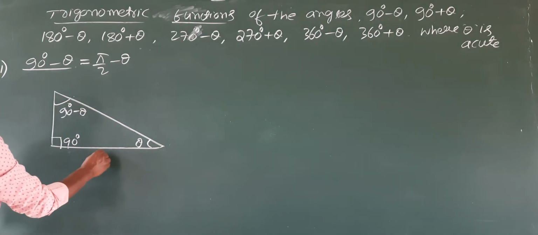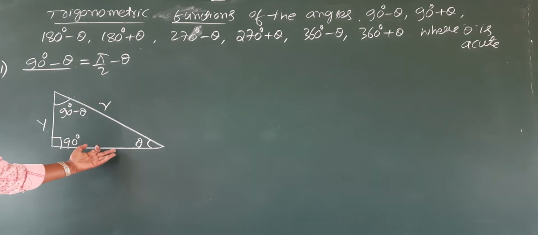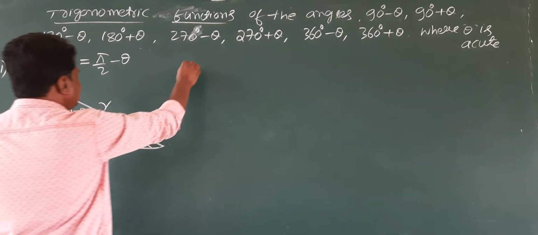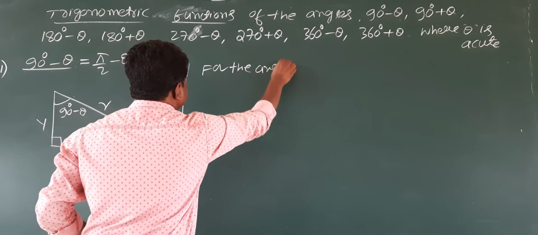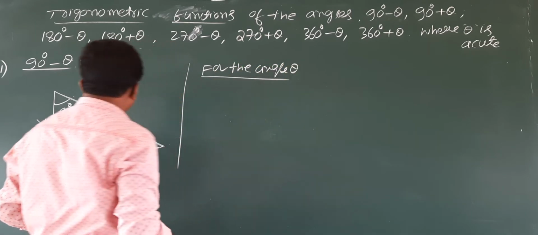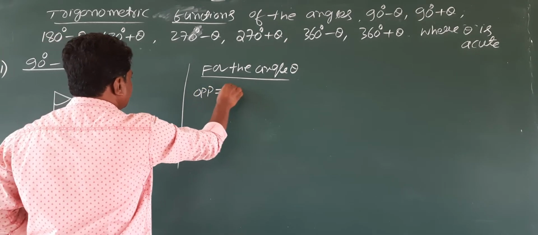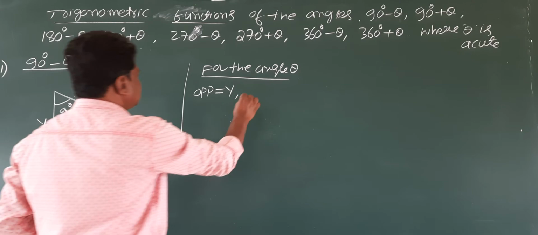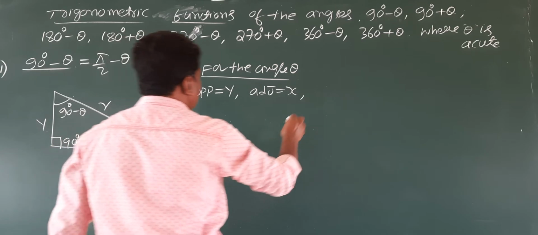I take this length as x, this as y, this as r. Now, for the angle theta, opposite side is y, adjacent side is x, and hypotenuse is r.